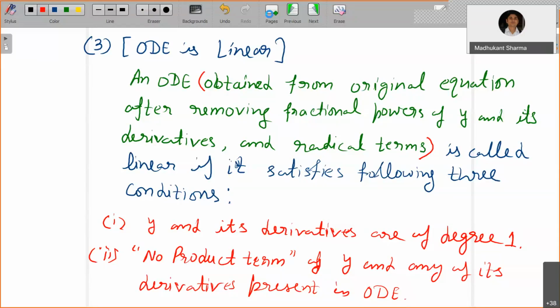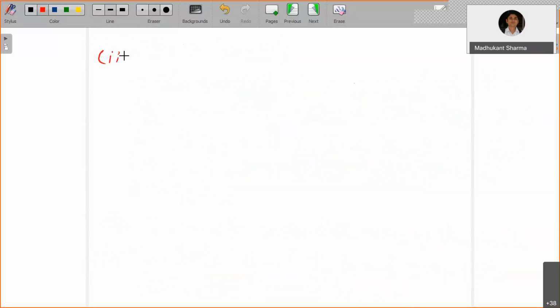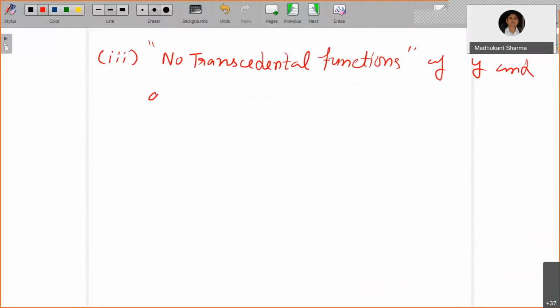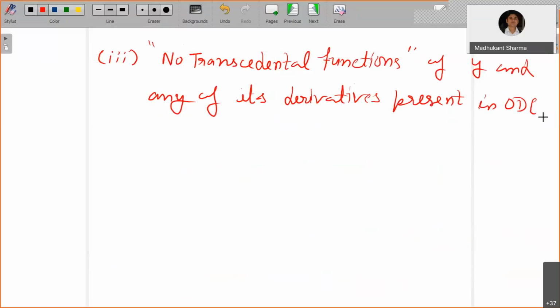Then the third condition is no transcendental functions of y and any of its derivatives present in the ODE. Again, in the second condition and in the third condition too, you are completely ignoring the coefficient that is a function of x or a constant.